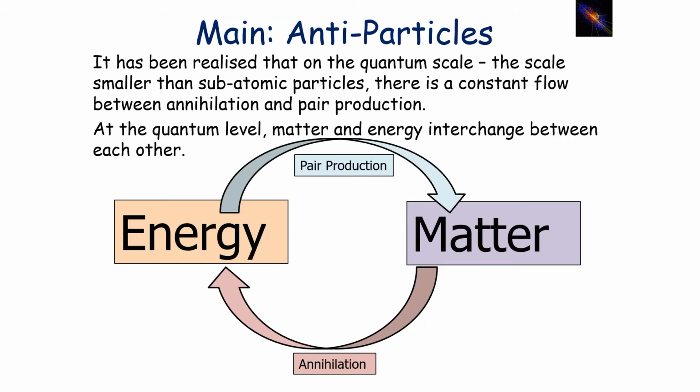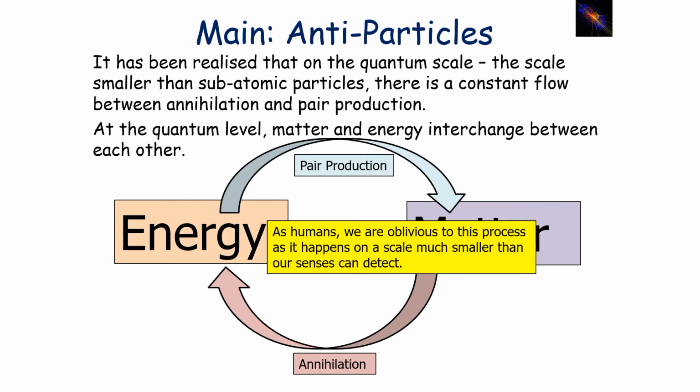So it's been realised that on a quantum scale, the scale smaller than subatomic particles, there's a constant flow between annihilation and pair production. So at the quantum level, matter and energy are interchanged between each other, and as humans we're oblivious to this process as it happens on a scale much smaller than our senses can detect.